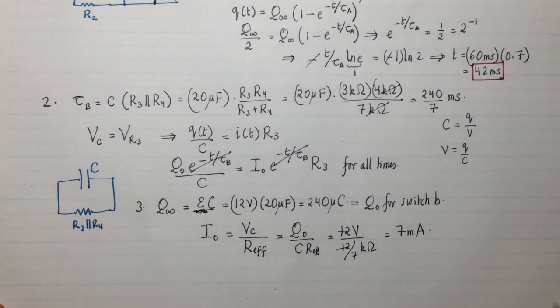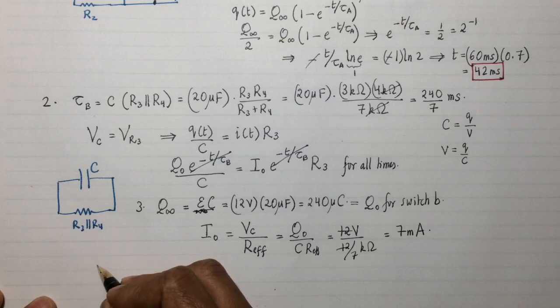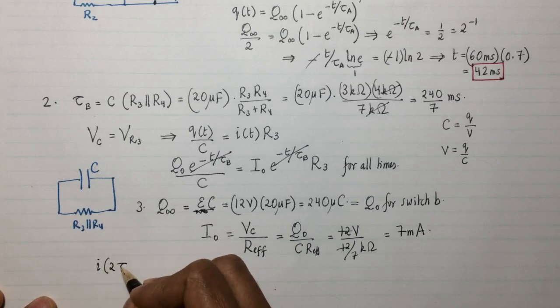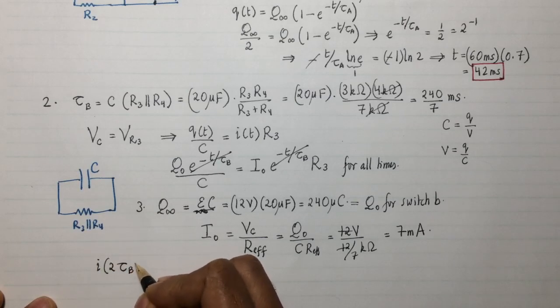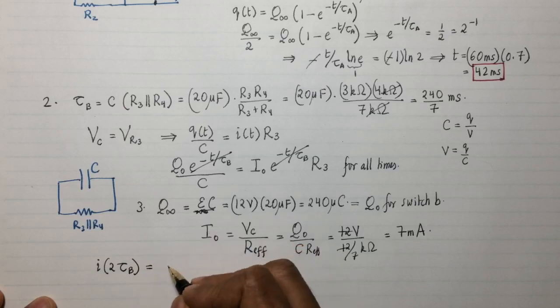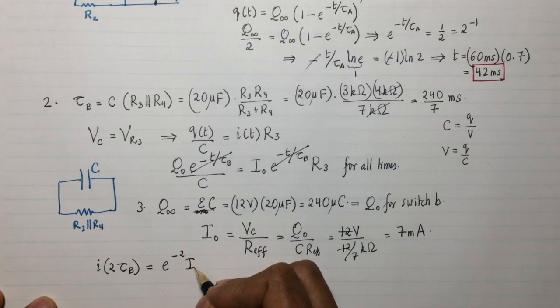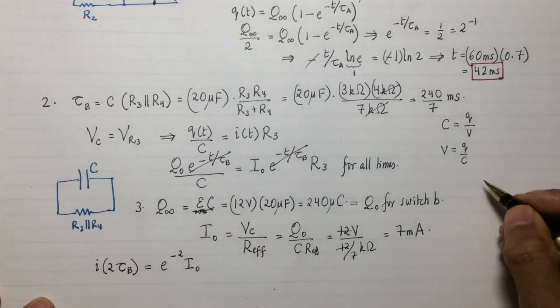After two time constants, the current is going to become equal to e to the minus 2 times I naught, because that is the definition of the current as a function of time.